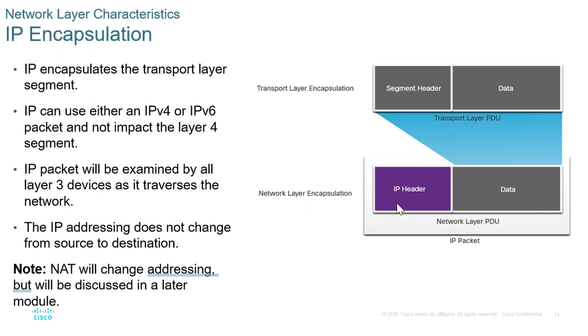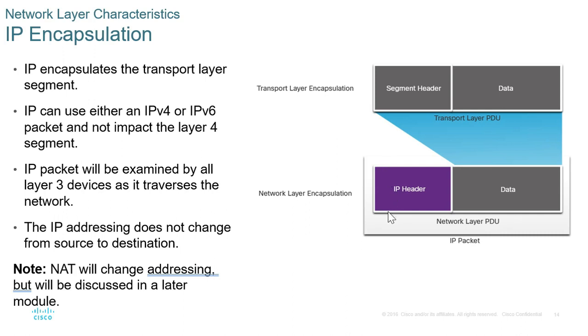So tugas ni dipanggil IP encapsulation. So dekat header IP ni lah yang kita letak the network layer addressing ataupun IP address. So tugas network layer device ataupun router adalah untuk buat encapsulation ni mengikut source and destination IP.